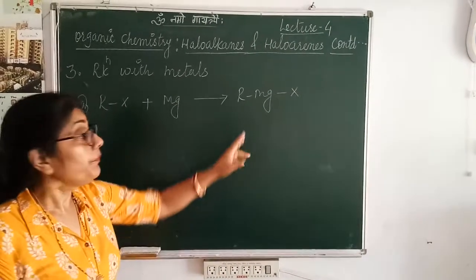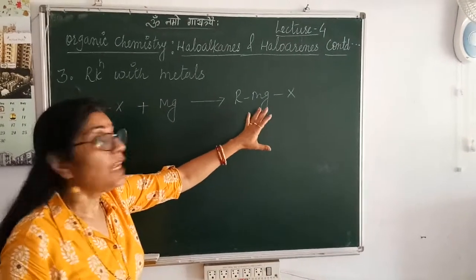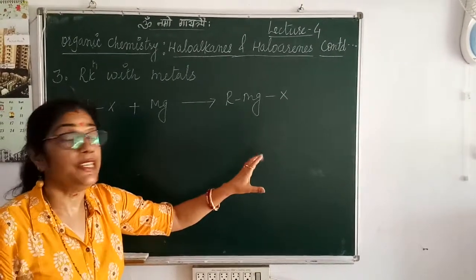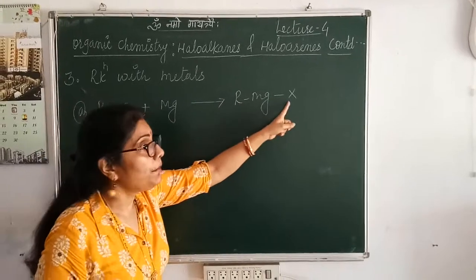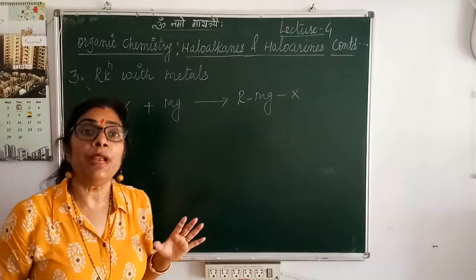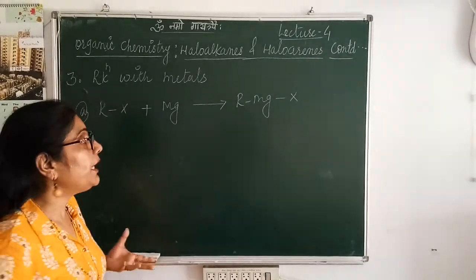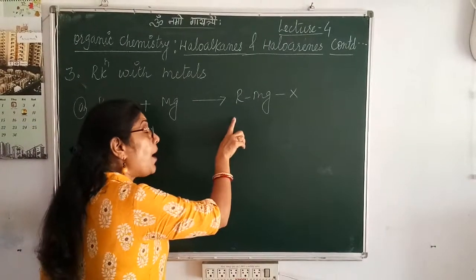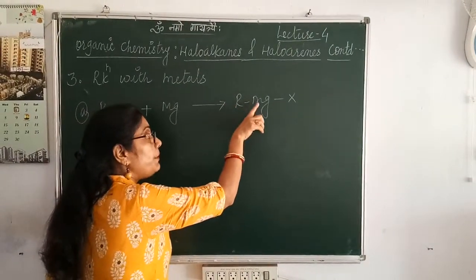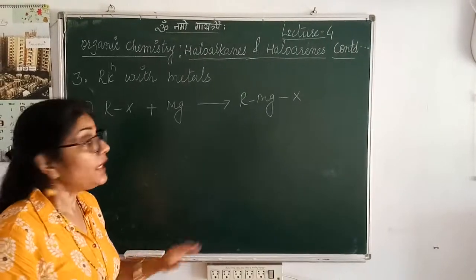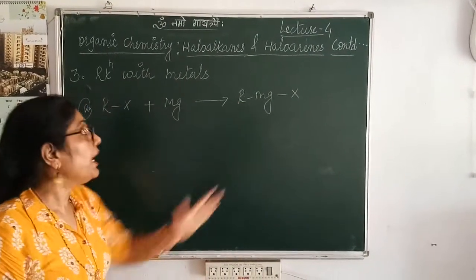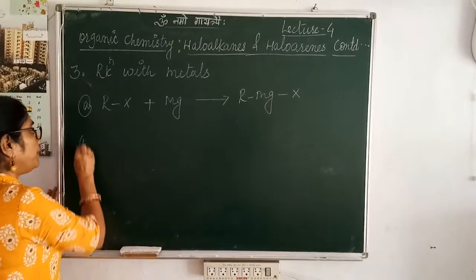I hope everybody knows this compound. This is nothing but Grignard reagent, alkyl magnesium halide. What is an organometallic compound? The compound in which there is a bond between metal and carbon. Such compounds are said to be organometallic compounds.